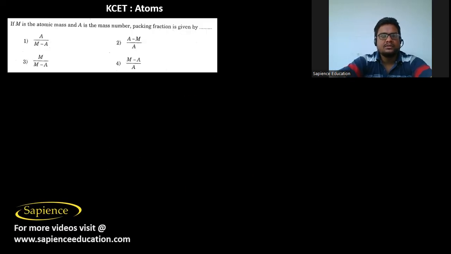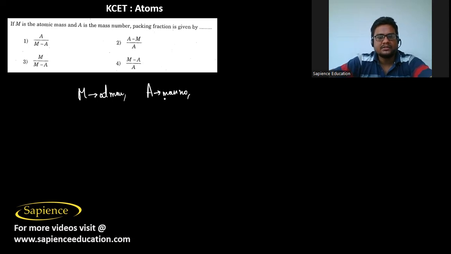Then it has been told that if m is the atomic mass and A is the mass number, then the packing fraction is given by... A is the mass number. Actually, it has been told wrong.